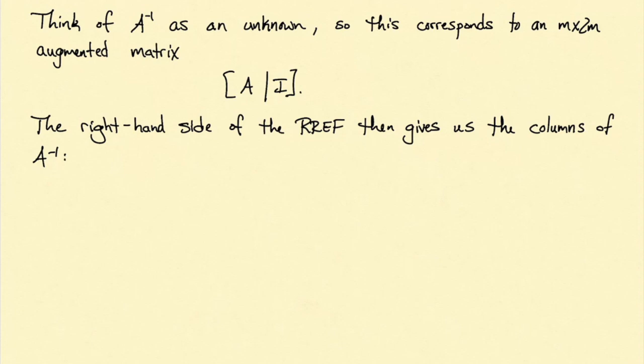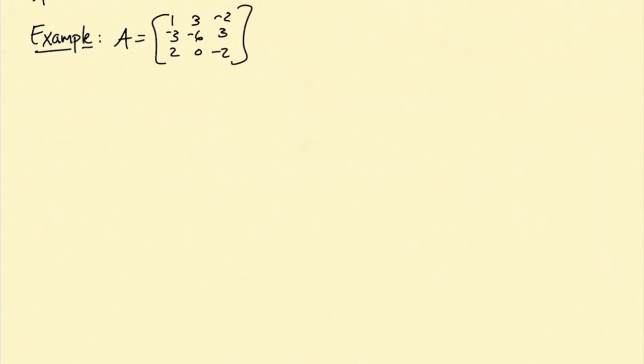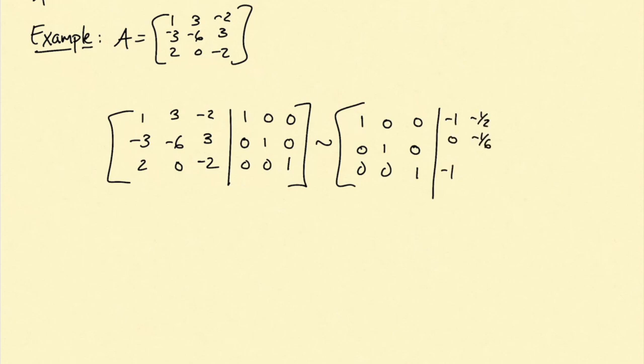So for example, let us compute the inverse of the matrix A with columns 1, minus 3, 2, 3, minus 6, 0, and minus 2, 3, minus 2. To do this, we simply set up the following augmented matrix. If we enter this 3 by 6 matrix into Sage, and then ask it to row reduce the matrix for us, we will get the following matrix.